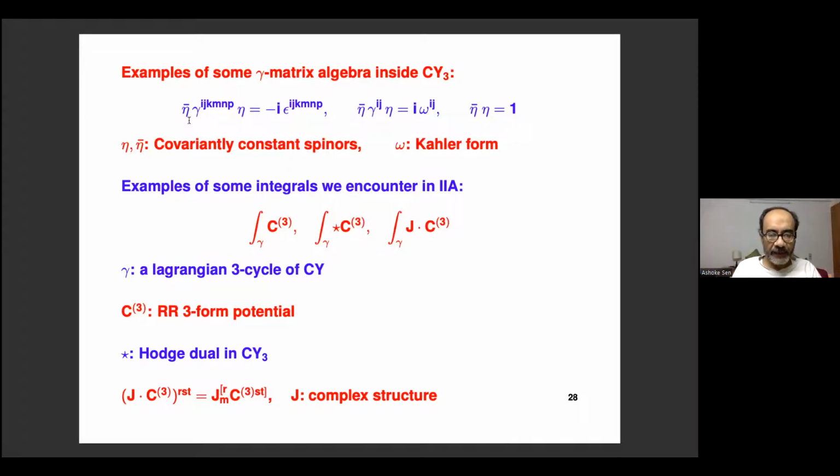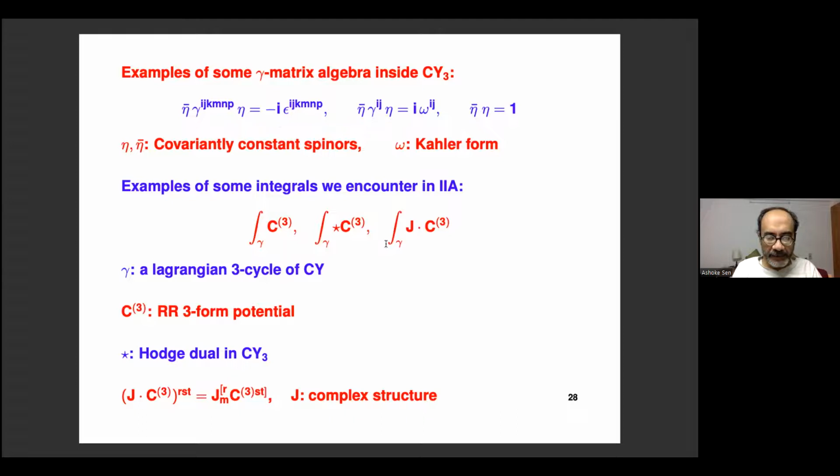These gamma matrices arise from the D-brane calculation. When you calculate the amplitudes of various vertex operators on the D-brane, for example, the Ramond vertex operators will produce gamma matrices, so you need identities of this kind. Omega here is a scalar form, and this is the volume form on the Calabi-Yau.